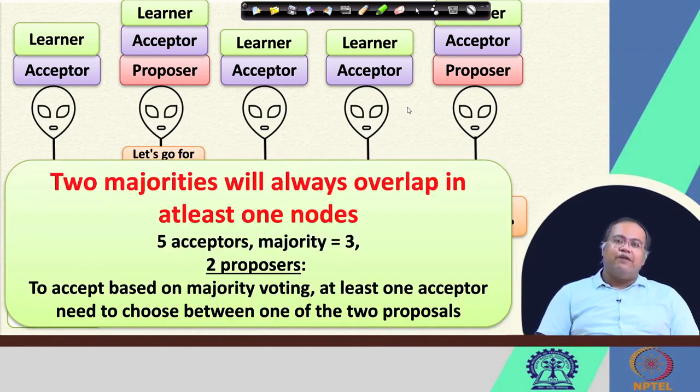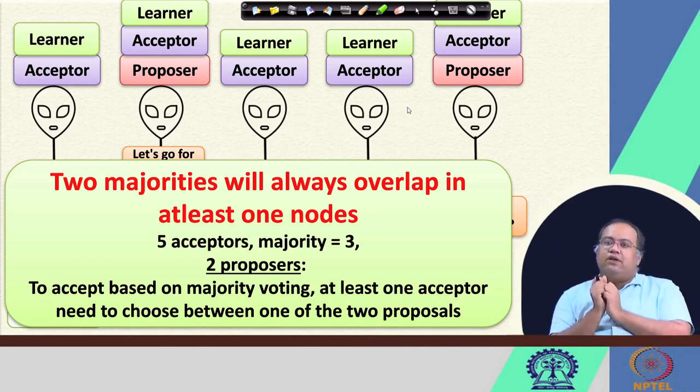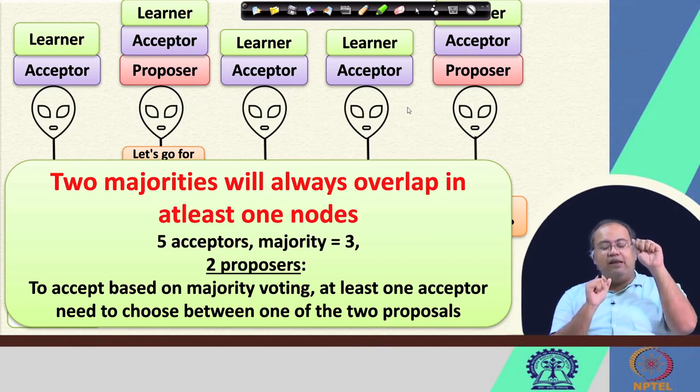Because if there are 2 different majorities, then those 2 different majorities always overlap in at least one node. What does it mean? You had 2 different proposals, one for movie and another for dinner, and you have 5 nodes. Now, if you say that dinner is the majority, that means there are 3 nodes who should accept dinner.